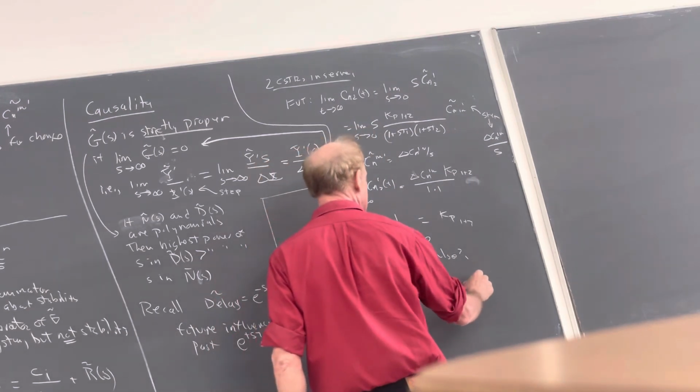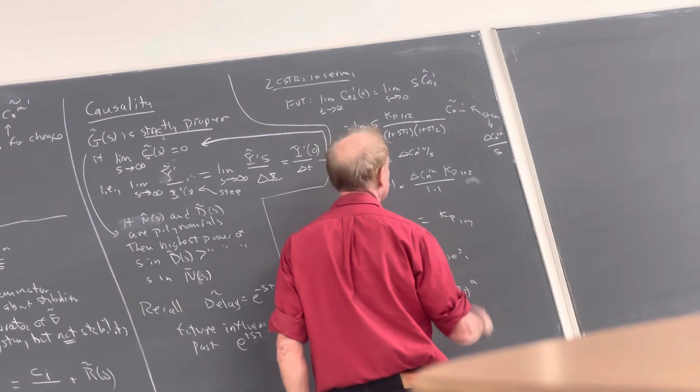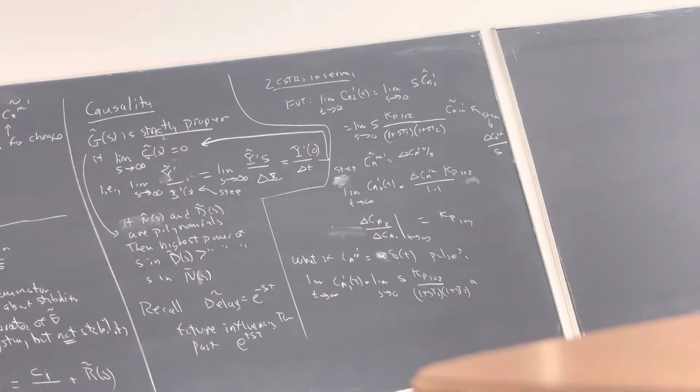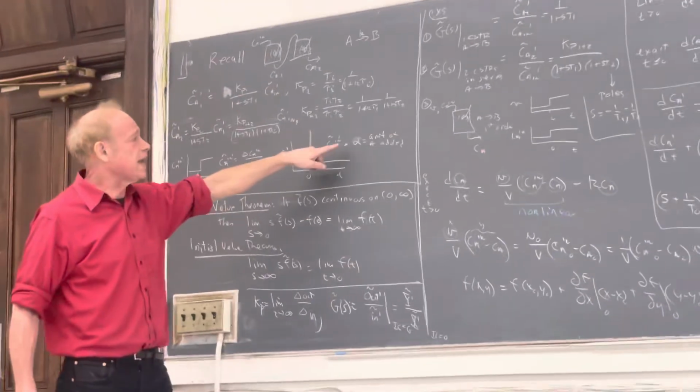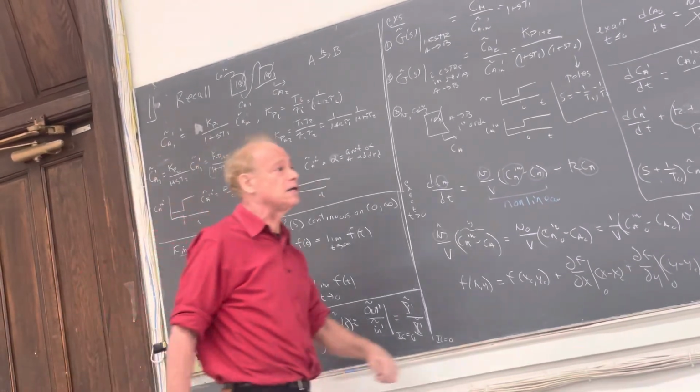Well, that's just equal to alpha times 1, because the Laplace transform of a pulse is just a constant. And let's call the constant alpha instead of k, because I'm using k for steady state gain. It's just the amount of A I added.